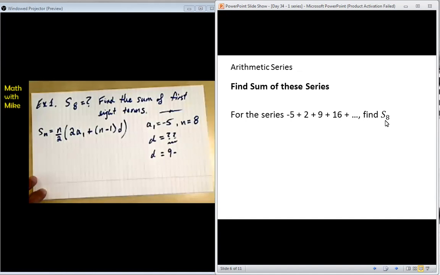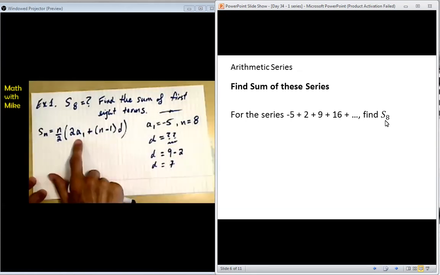Minus the number before it. So what's the number before 9 up on the screen there? 2. Okay, so 9 minus 2. What do you get? Okay, so D will equal 7. We have A1, we got N, we got D. We're good to go.